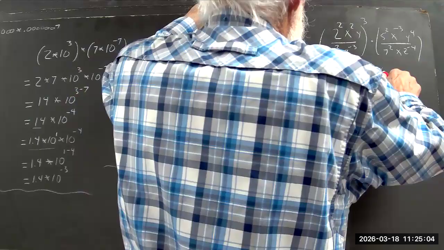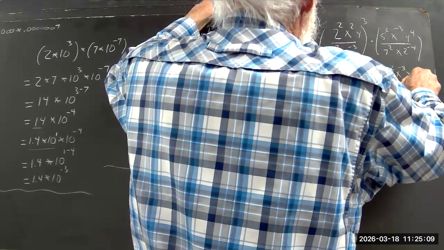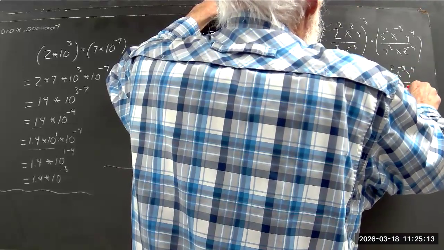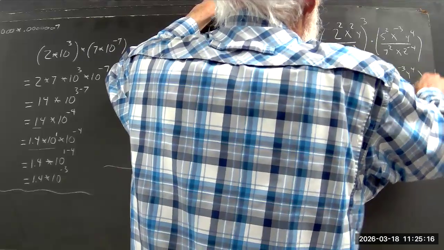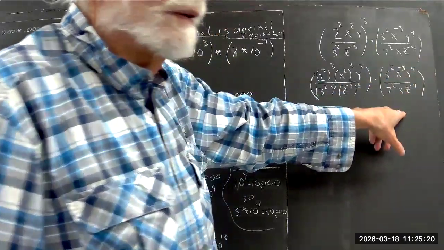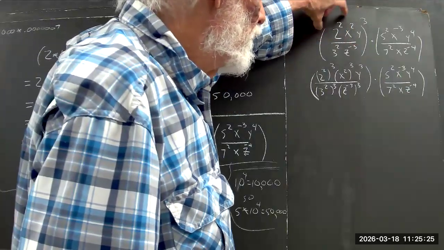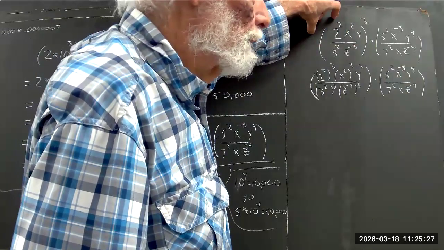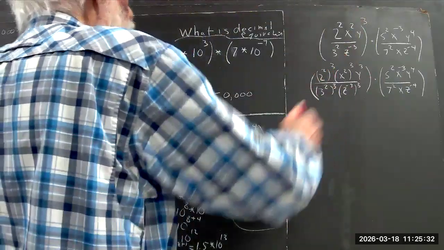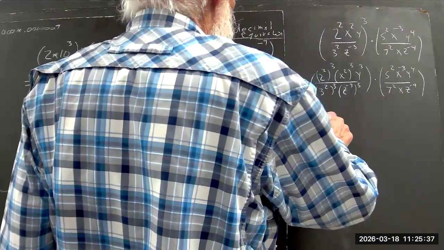And I'm going to leave this one alone for the moment. There's no exponent outside of here. And right now I'm dealing with raising the first factor to the third power. And we got a little simplification to do here before we can start combining it with the other factors.